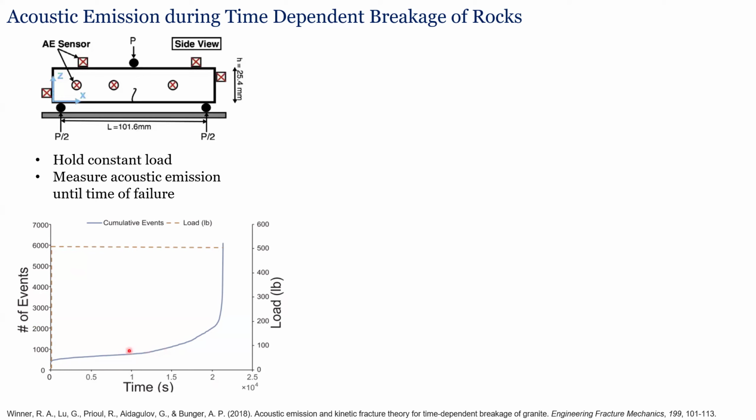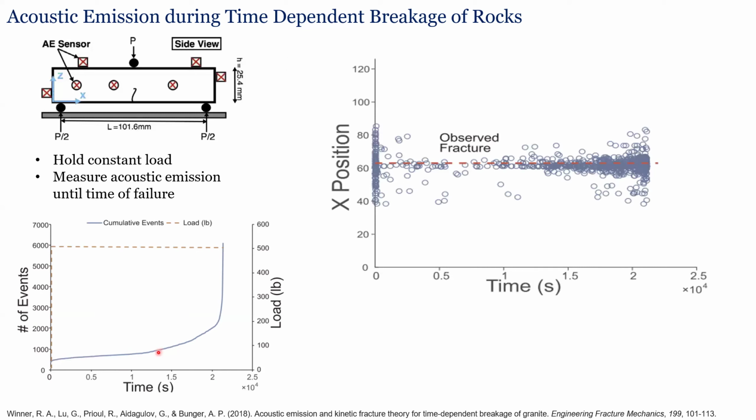You get these different stages of development of the breakage. Brittle in the sense that it's producing acoustic emissions. And they have kind of an interesting character. So if you look at the location of the acoustic emissions, I'm just looking in the X direction. X is measured along the sample.